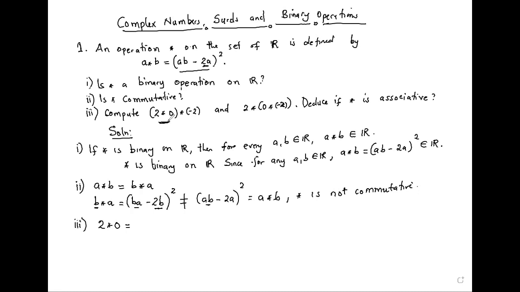So where there is A, we have 2 now, times 0, minus 2 times A, and A is 2. Then we square it. So we're getting 0 minus 4 squared, which is equal to positive 16.